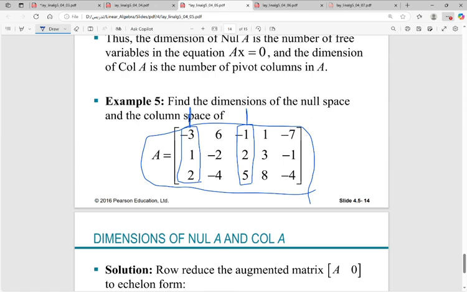Then get back to the original matrix and pick columns with those numbers as the basis for the column space. Is it clear?